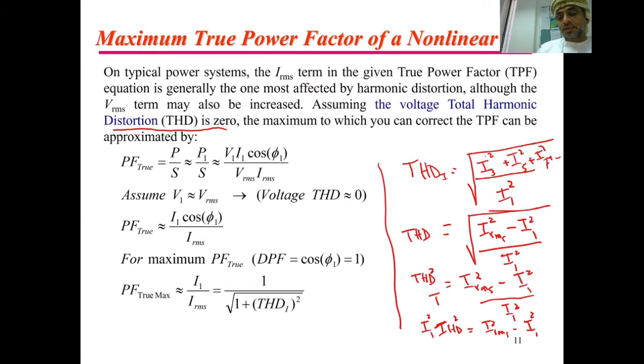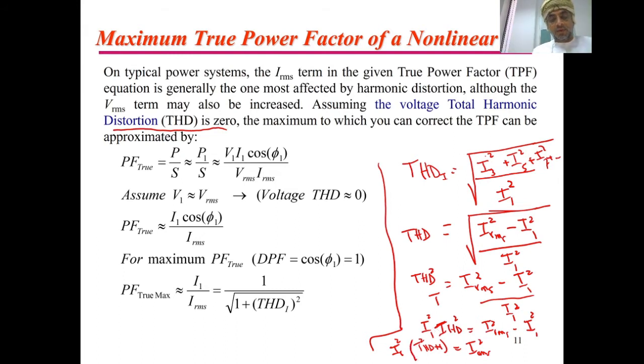Take this one to the other side, then you take I1 squared as a common factor, and you end up with total harmonic distortion squared plus 1, so that will be equal to I root mean square squared.